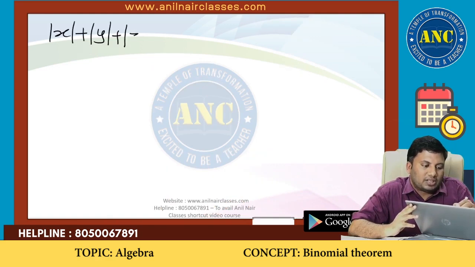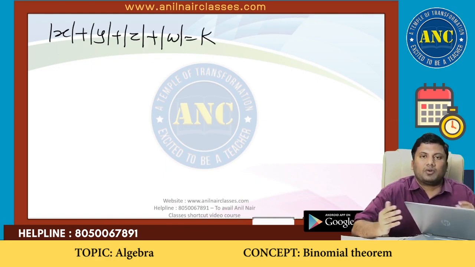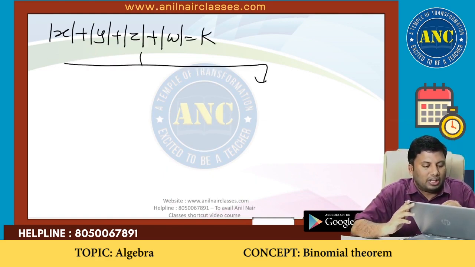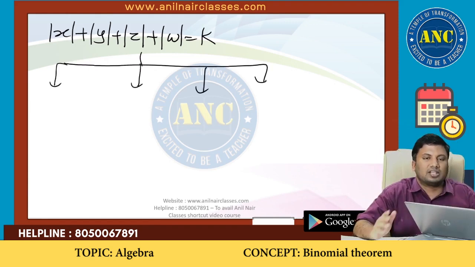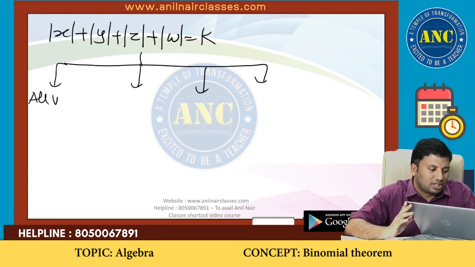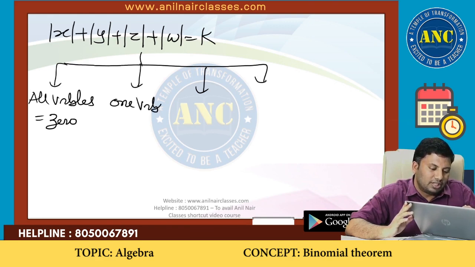|x| + |y| + |z| + |w| = k. I don't need to solve. The students who have understood the algorithm, the step by step process behind the solving, can easily solve. Write all variables 0. One variable 0.